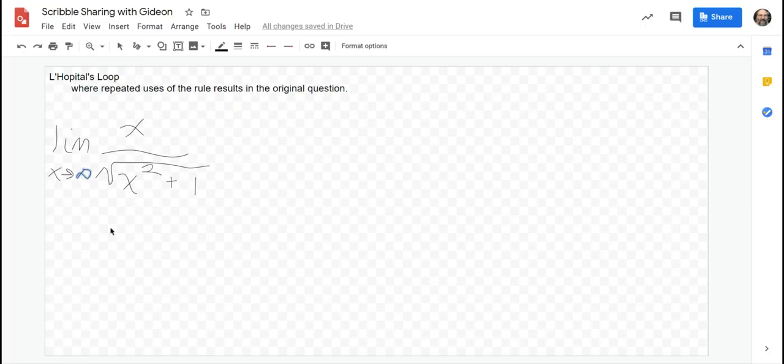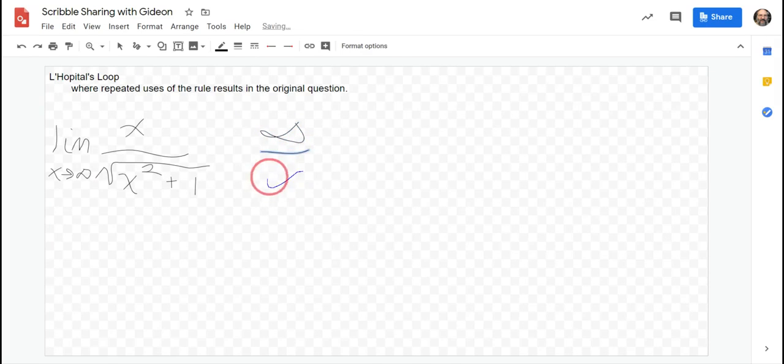So the first thing we have to make sure of is, I told you you can use L'Hopital because that's what the video is about, but in a normal circumstance, you'd have to check. As x goes to infinity, the top becomes infinity. And the bottom, x squared is infinity times infinity, which is infinity, and the square root of infinity is still infinity.